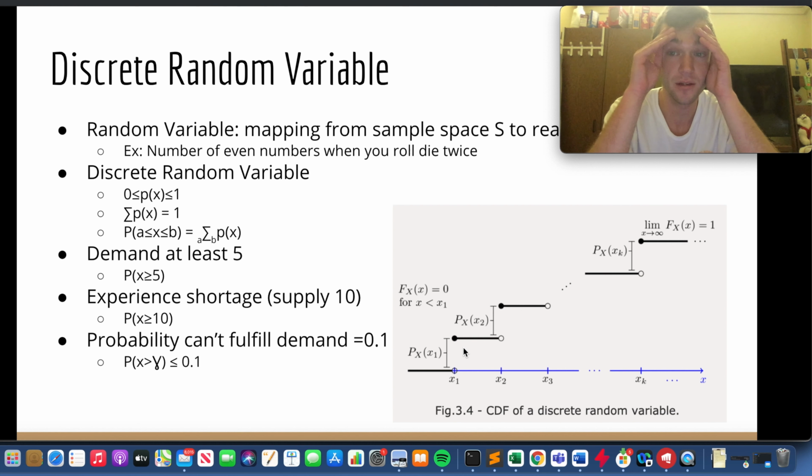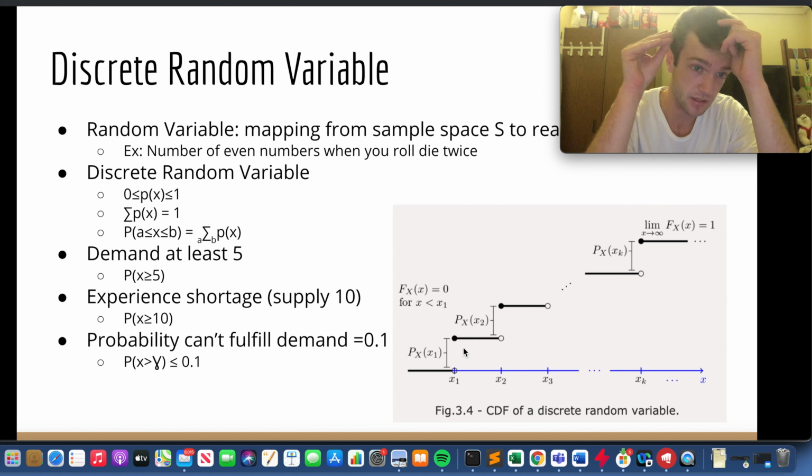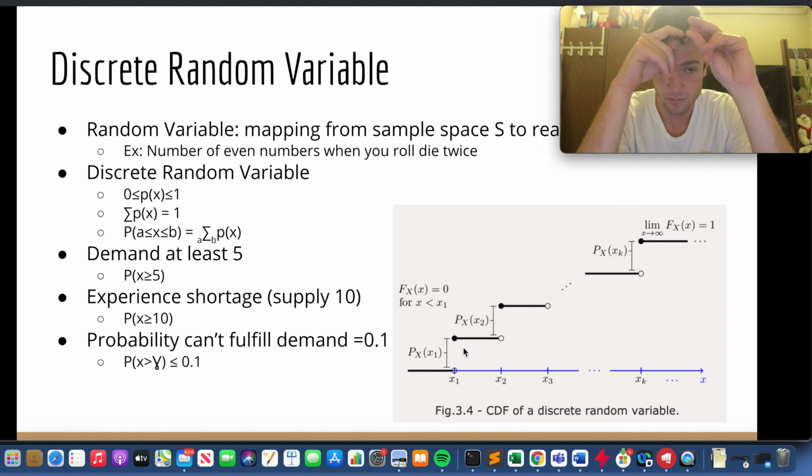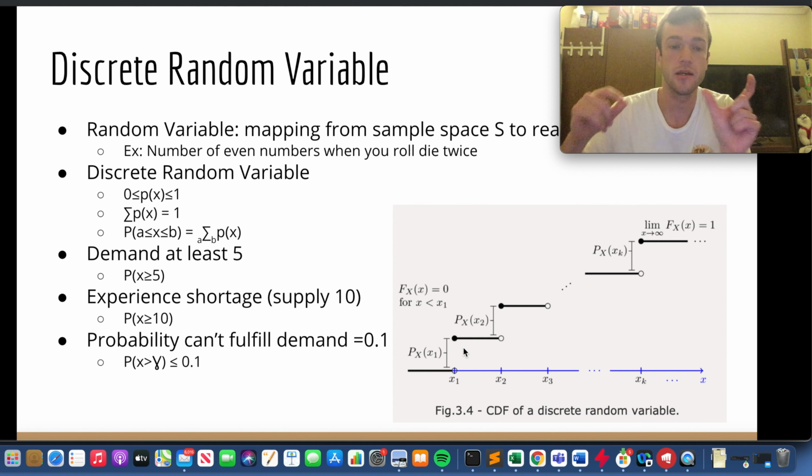The probability P of x is always between 0 and 1 for any random x, but the sum of all the probabilities, as always with probability, adds up to 1.